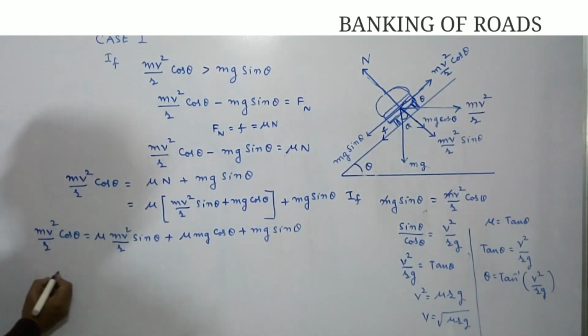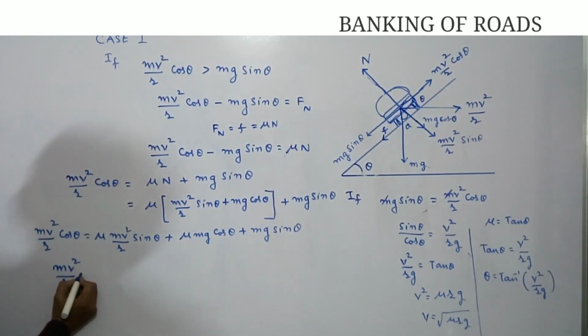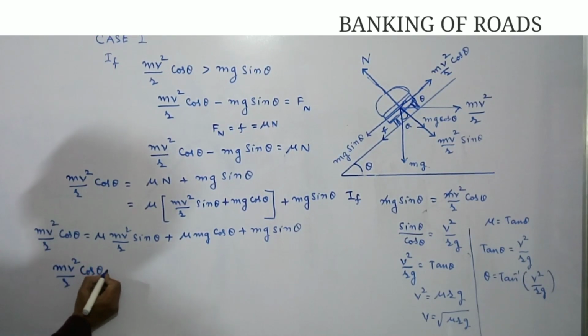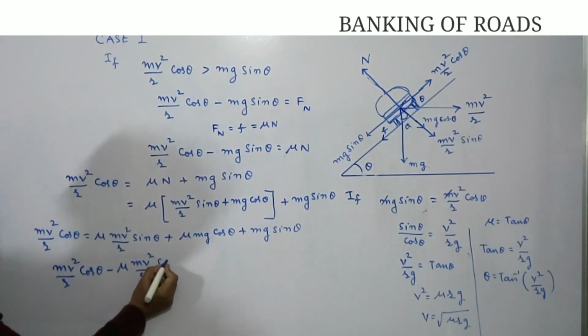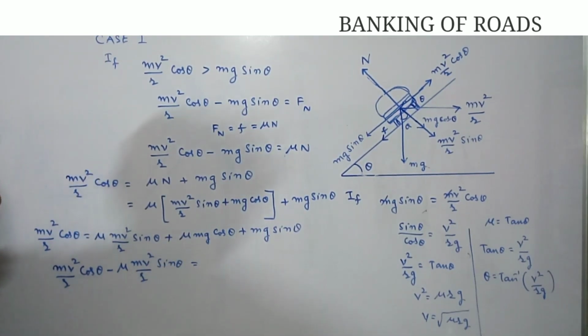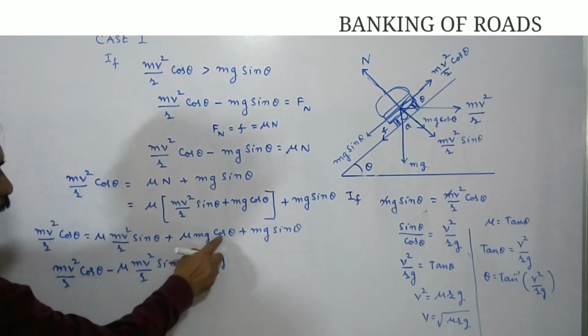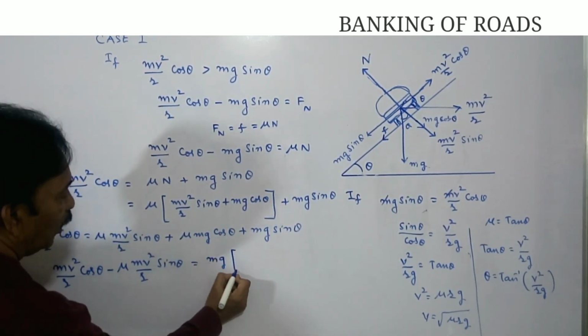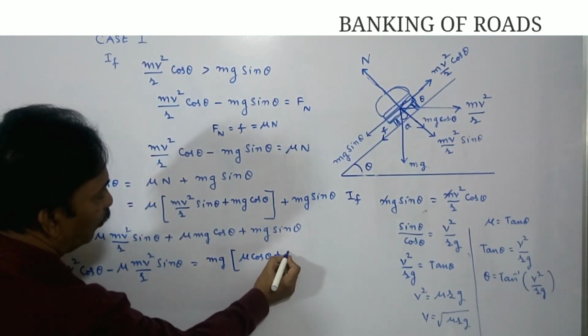Okay, students, I am bringing the mv square by r terms to this side. Then what do I get? mv square by r cos theta minus mu mv square by r sin theta is equal to mg, which I'm taking as common, of mu cos theta plus sin theta.